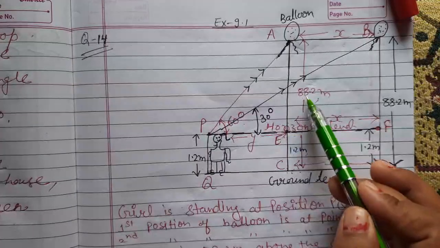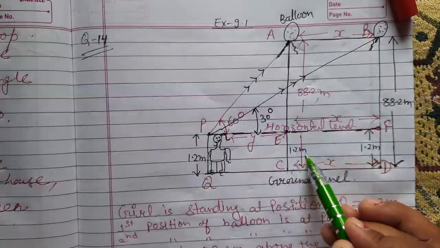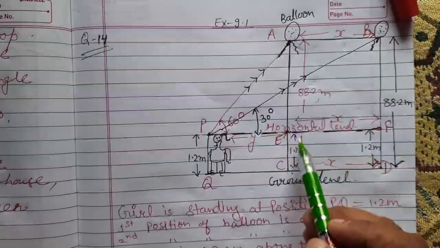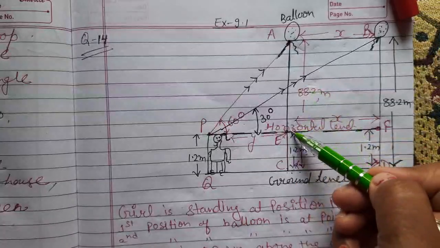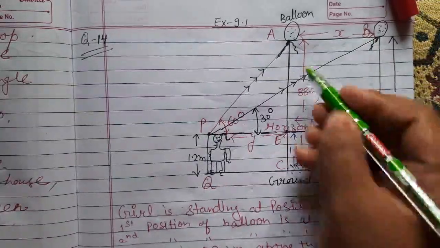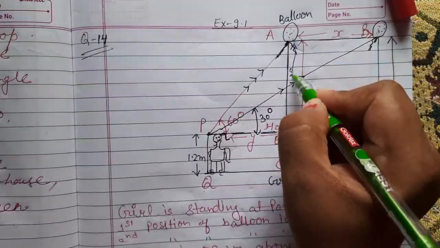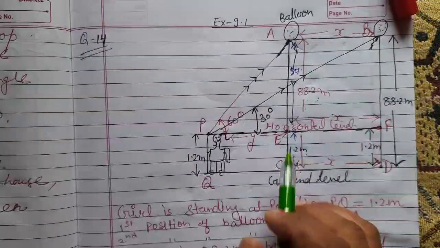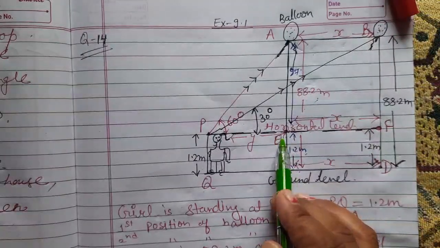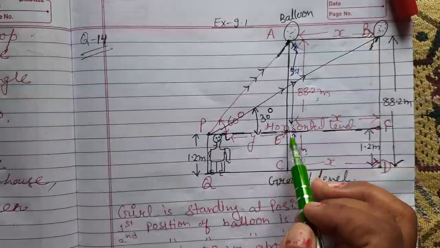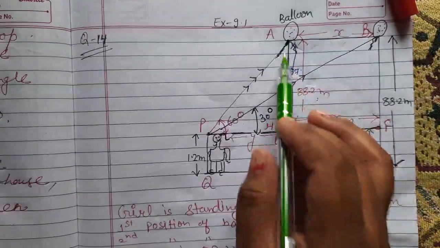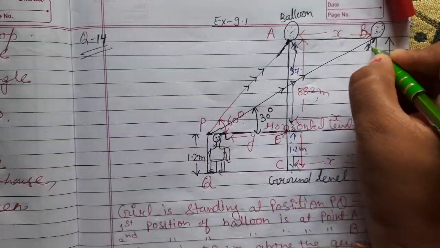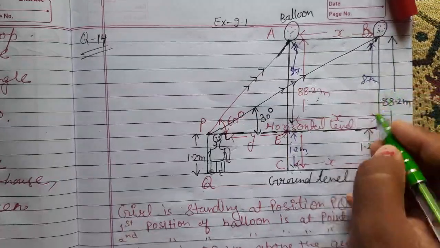AE will be 88.2 minus 1.2 meter. So the height of the balloon from this horizontal level will be 87 meter. And because it is the horizontal level, AE will be equal to BF. So the height of BF will also be 87 meter.